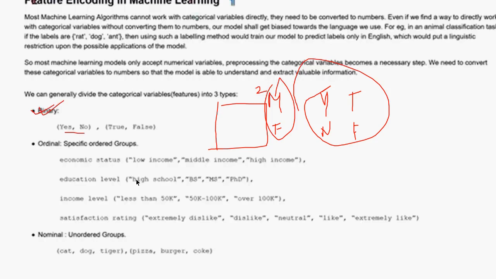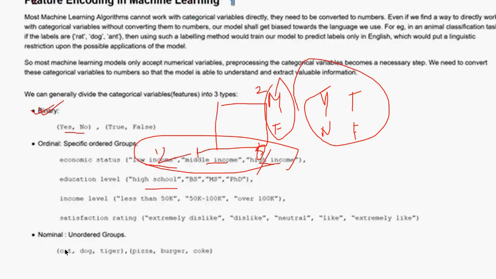What is an ordinal value? Ordinal data contains certain order, like low income, middle income, high income. Three categories are there. Low is the least, so 1, 2, and 3, or this can be 0, 1 or 2. If you fetch the value 2, it means low income. If you fetch a value 0, then it means high income. Like that, you estimate, for example, whether he is studying in high school.